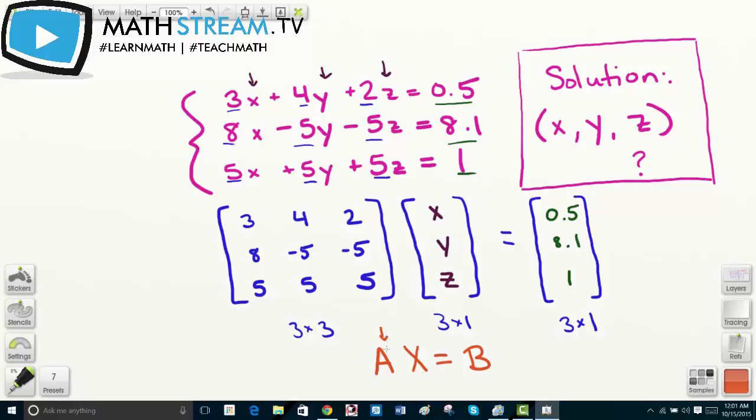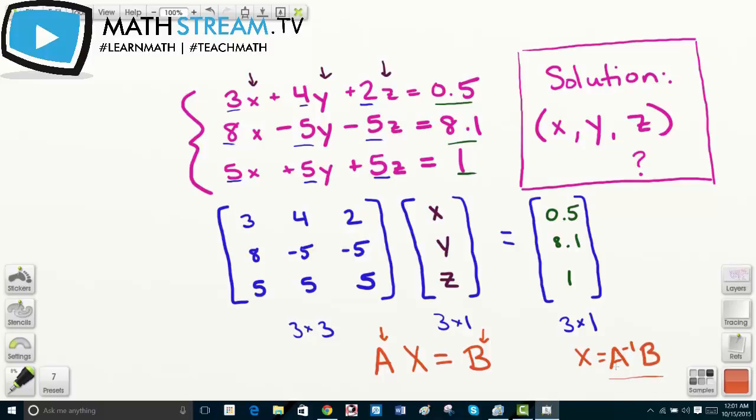You just input the information into A, input the information into B, and then we solve. We said that x is equal to the inverse matrix of A times B. And we can figure this out just using our calculator.